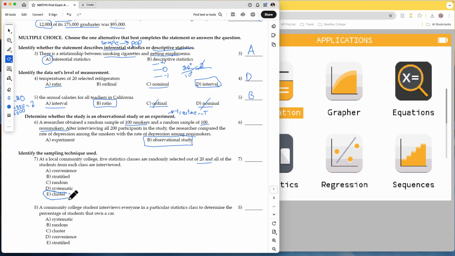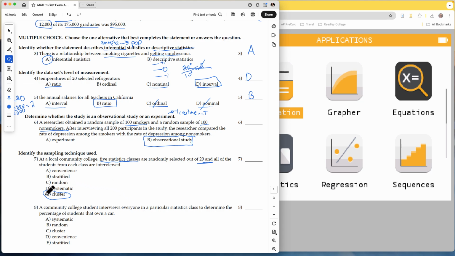In cluster sampling, things are divided into groups, in this case classes, and then you randomly select some of those classes, and then you sample. Well, that's your sample, the whole class. So in this case, yes, everybody in the 5 that were chosen is sampled. So that's a cluster.